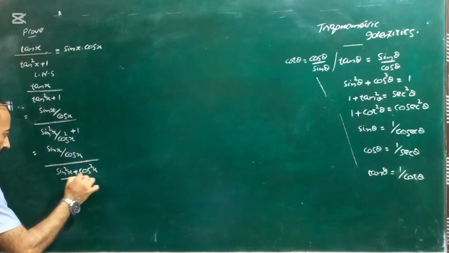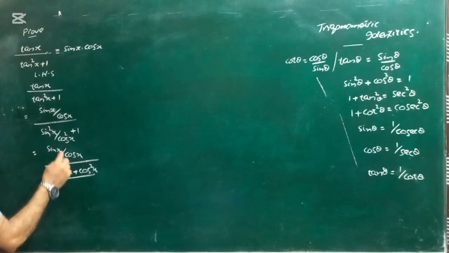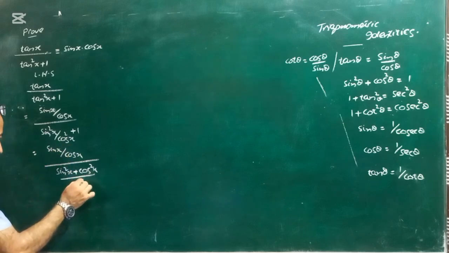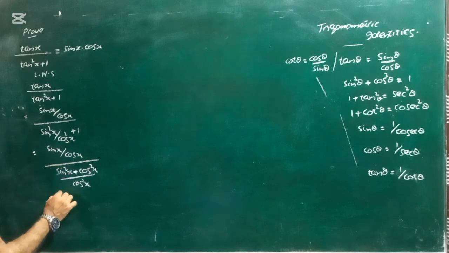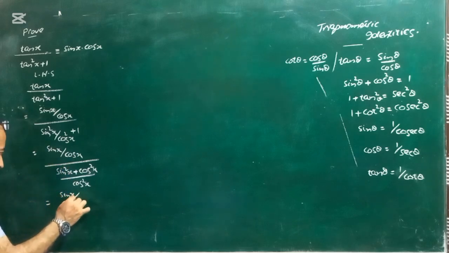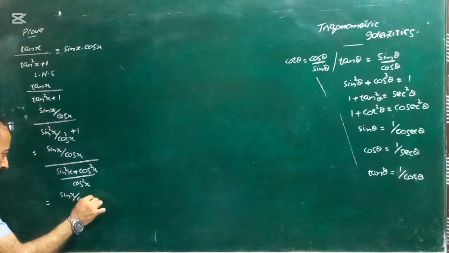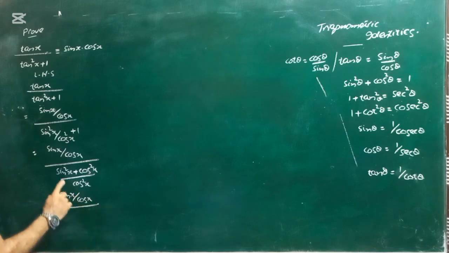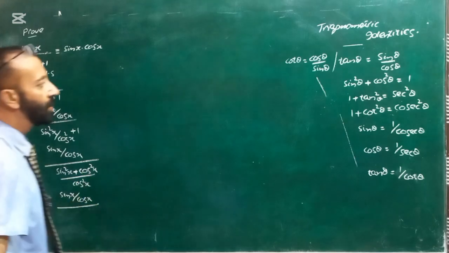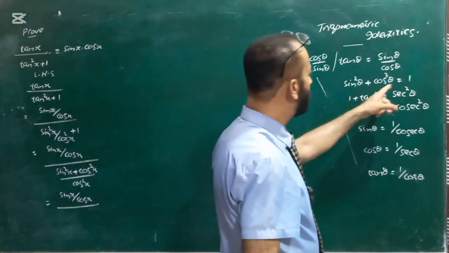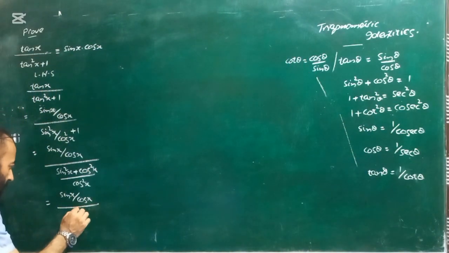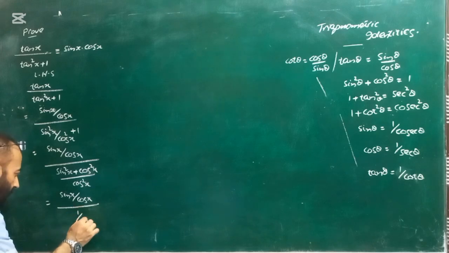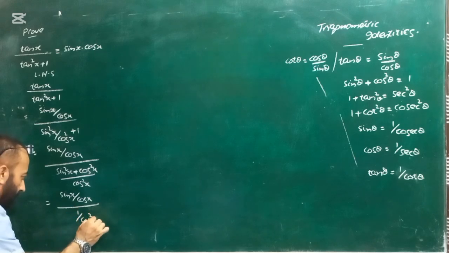And in the denominator LCM is cos square x. So moving ahead, sine x over cos x is still there, and in the denominator sine square plus cos square. So look now, sine square theta plus cos square theta is equal to 1. So it means this factor will become 1. And the denominator will remain there.